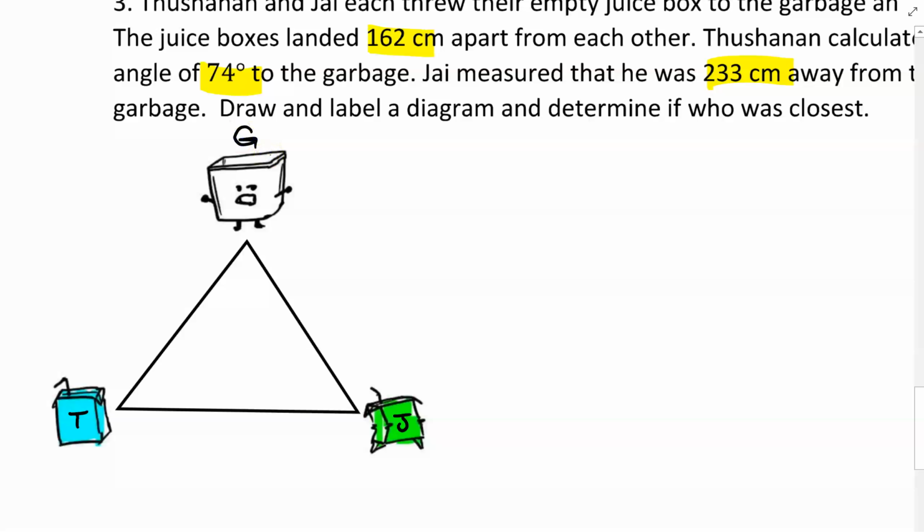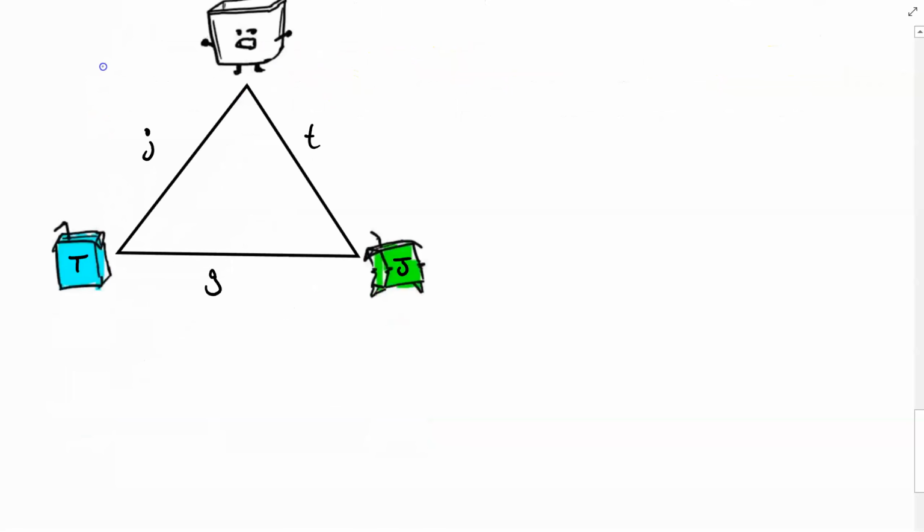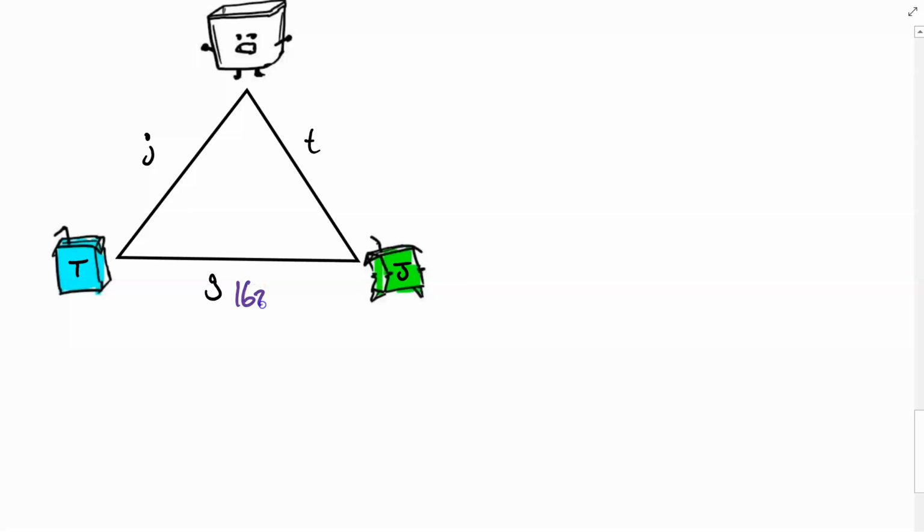If we continue our process of labeling, then this will be lowercase t, this should be lowercase j, and this should be lowercase g. At this point, we have the vertices and the sides labeled, which is great. And we can come in now with some of the other details in the story. For instance, the juice boxes landed 162 centimeters apart from each other, so this should go here.